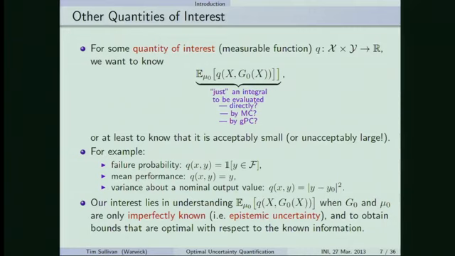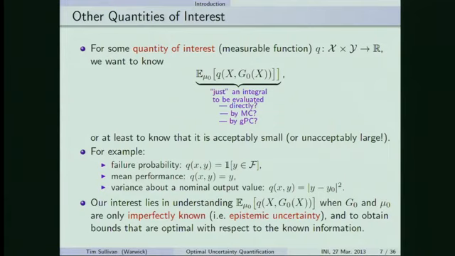So taking a slightly more general viewpoint, I could be interested in the expected value of any quantity of interest under the integral sign here. Could be interested in the probability of some event, in which case my quantity of interest function Q is just an indicator, or I could care about some mean outcome, a variance about some nominal output value, what have you.